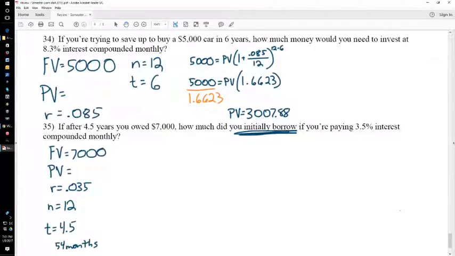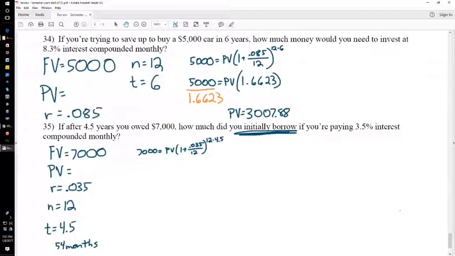So plug it all in. FV equals PV, so 7,000 equals the present value times 1 plus 0.035 divided by 12 to the 12 times 4.5.